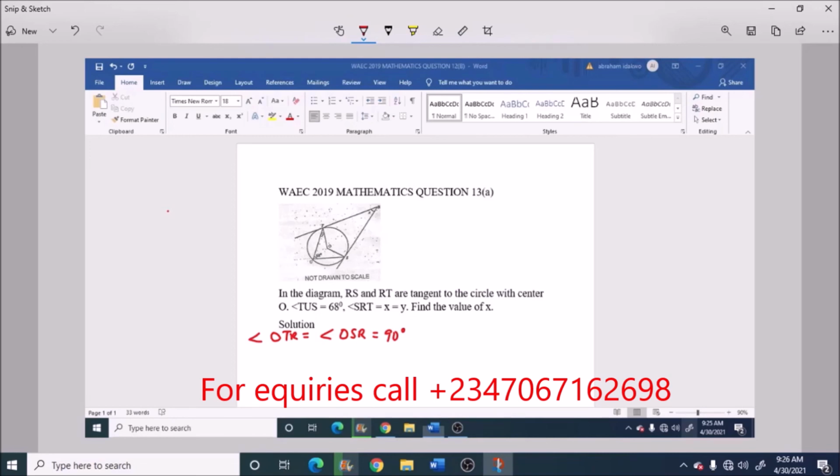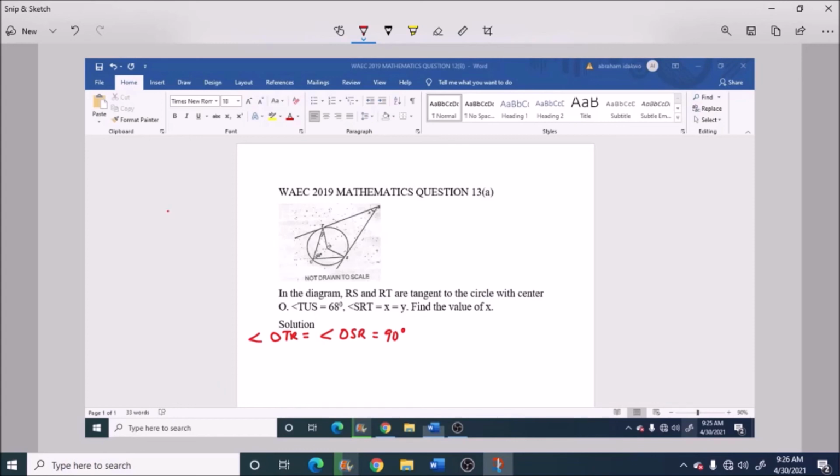Okay, now thus we have 2 times 4 minus 4 times 90 is equal to 90 plus 136 plus 90 degrees, then plus x.